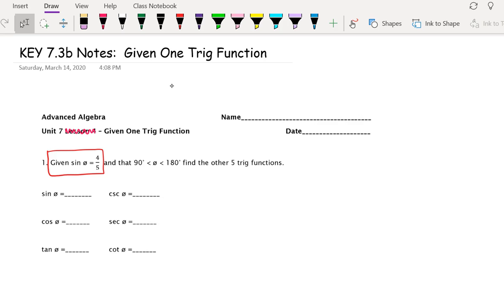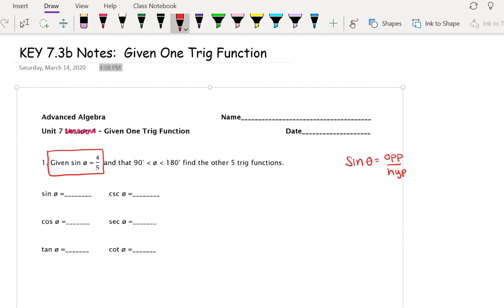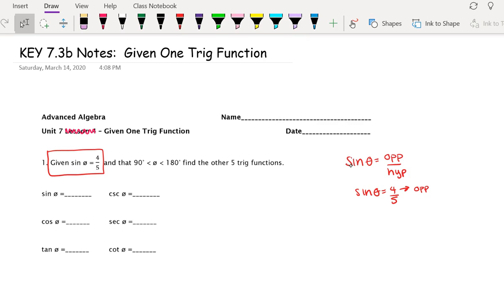Sine theta equals 4/5. Remember, sine theta is equal to the opposite over the hypotenuse. So if I tell you that the sine of theta is equal to 4/5, that means that 4 is the opposite of the triangle and 5 is the hypotenuse.